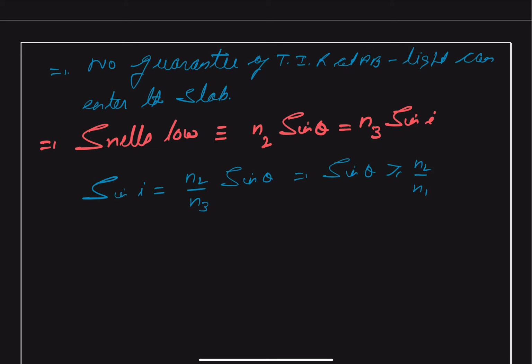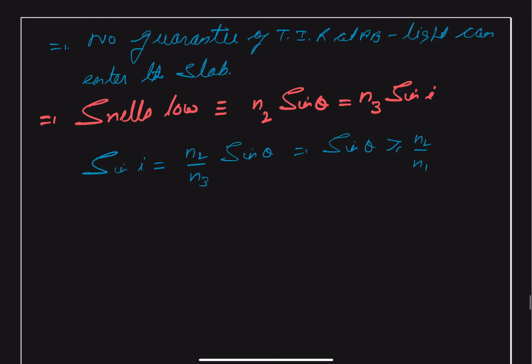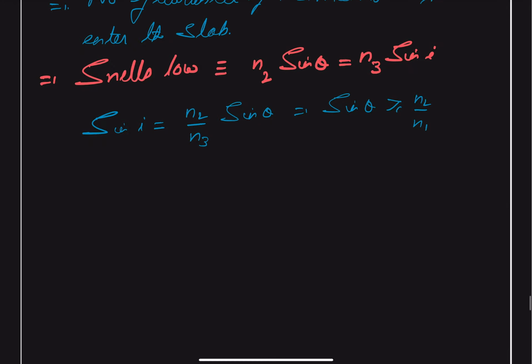Therefore we can write that sine of I is greater than or equal to n2 by n3 multiplied by n2 upon n1, which gives us n3 upon n1.